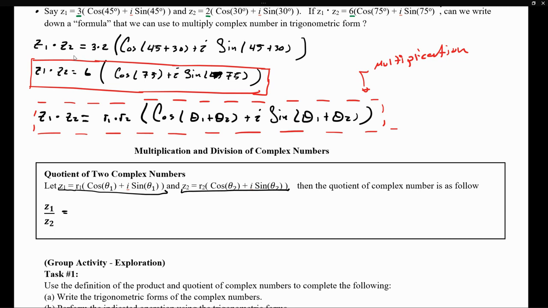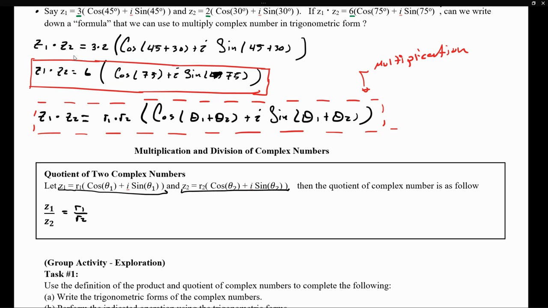So what happens when you divide complex numbers instead of multiplying them? Well, instead of multiplying the values of r, we're going to be dividing them. So z1, remember that z1 is being defined as r1 times cosine of theta 1 plus i sine of theta 1.